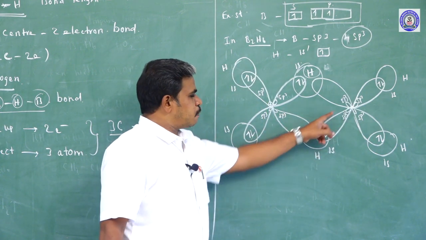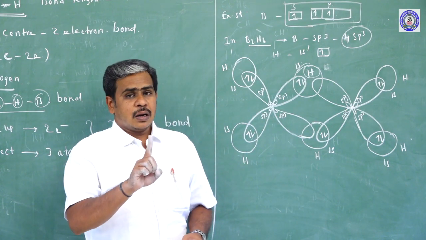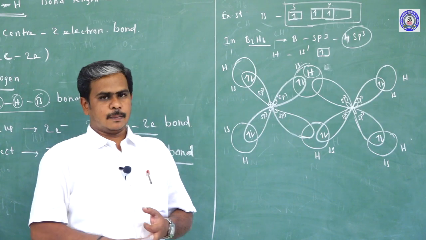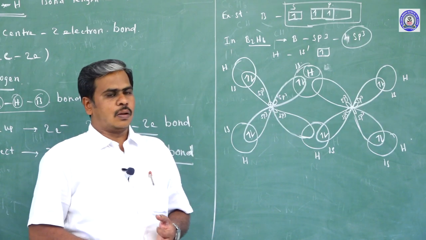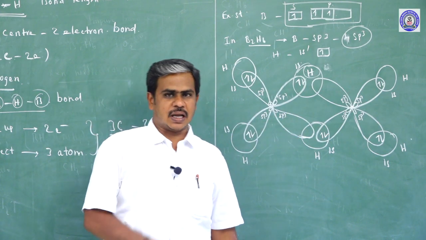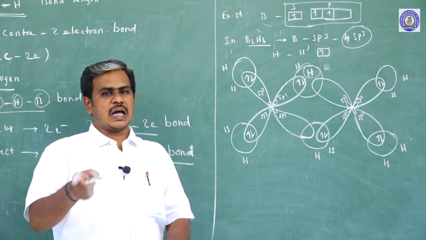So the B-H-B bond is formed by one filled sp3 hybridized orbital, one vacant sp3 hybridized orbital and one 1s orbital of hydrogen.